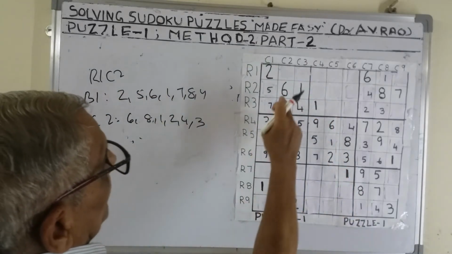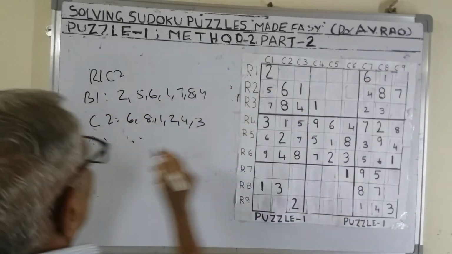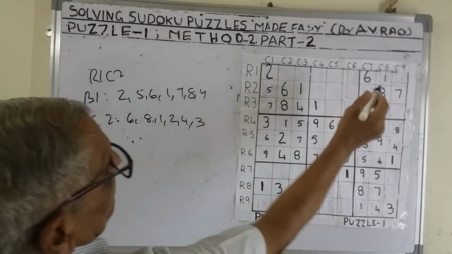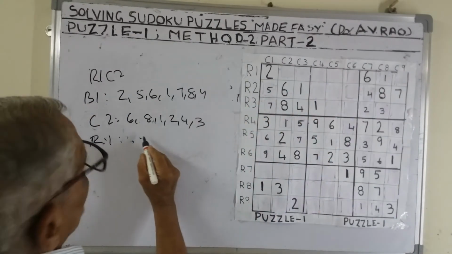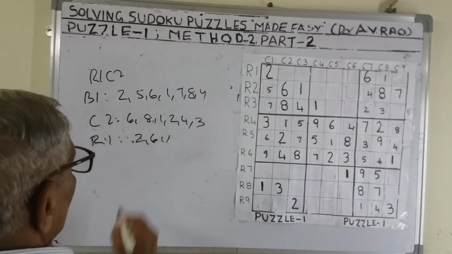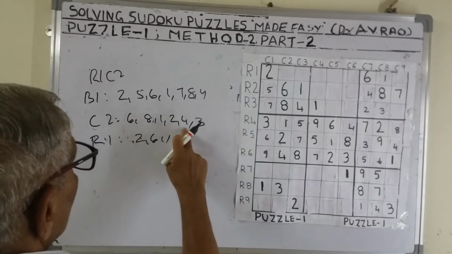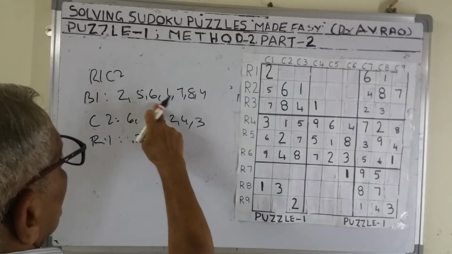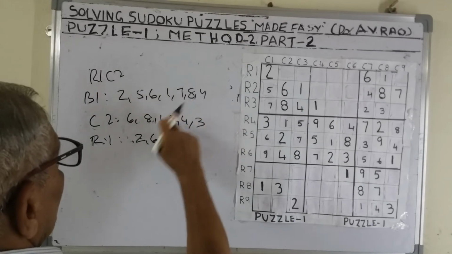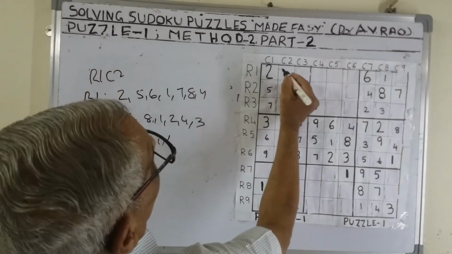Okay. Now this row, sorry, row R1: R1 is 2, 6 and 1. So 1, 2, 3, 4, 5, 6, 7, 8, 9 is the missing number. Let us write 9 here.